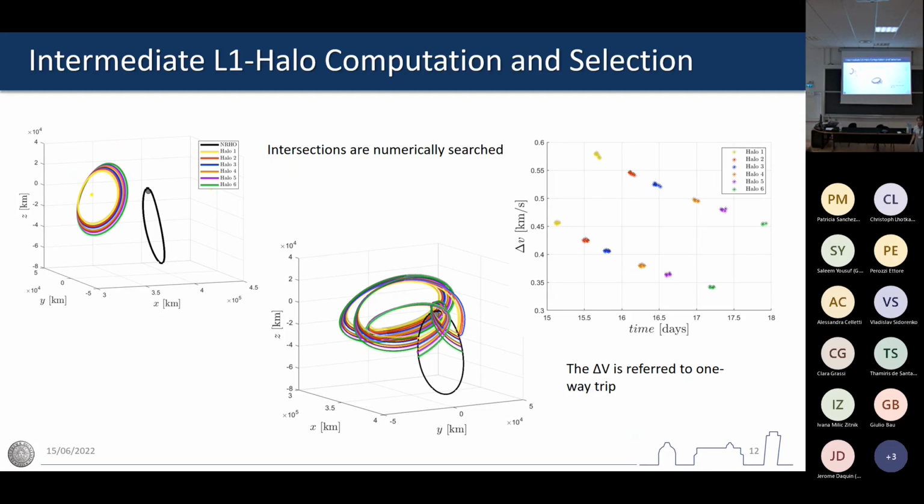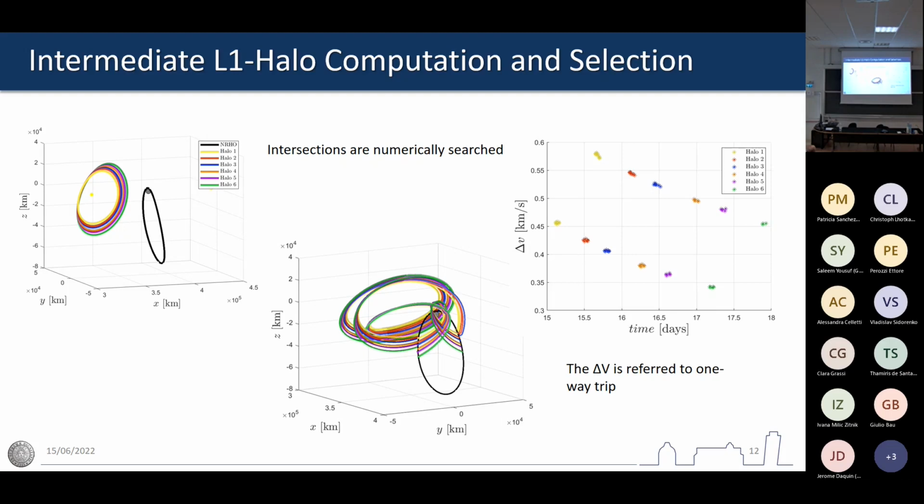The next step was to look for a proper parking orbit. As I was saying before, we are looking for an orbit that is not super stable because we want to exploit the dynamics of stable and unstable manifolds to reach the intermediate orbit and then the final orbit.